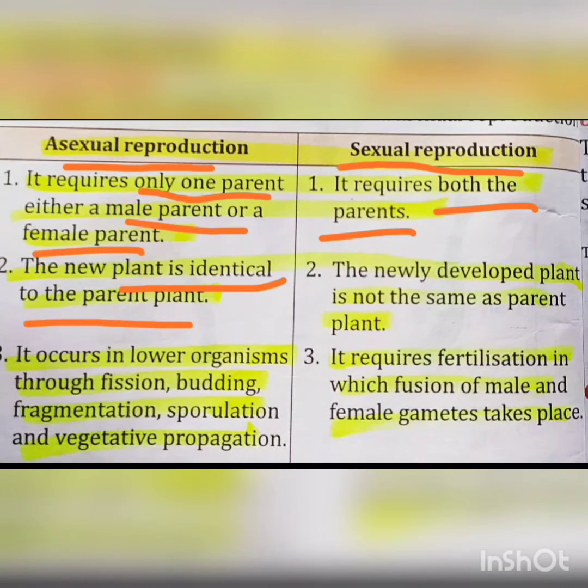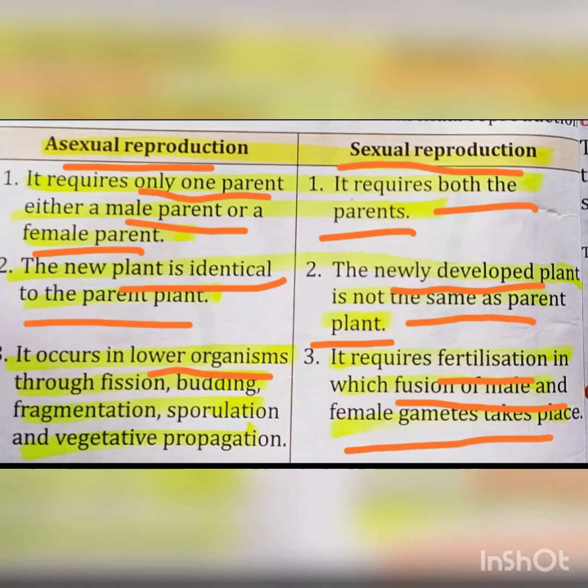In sexual reproduction, the newly developed plant is not the same as the parent plant. Asexual reproduction occurs in lower organisms through fission, budding, fragmentation, sporulation, and vegetative propagation. Sexual reproduction requires fertilization, in which fusion of male and female gametes takes place.